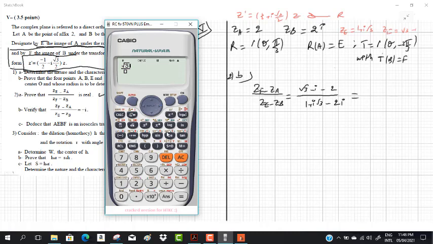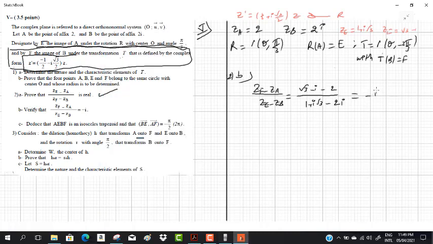Radical 3 minus I minus 2 over 1 plus I radical 3 minus 2I equal minus I. Again, showed, proved.